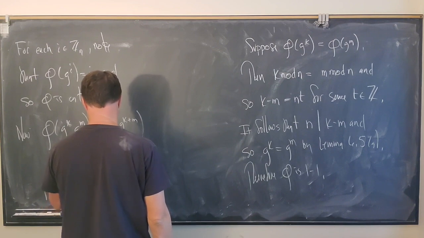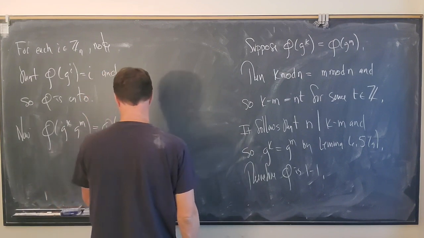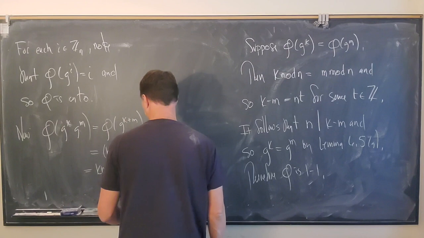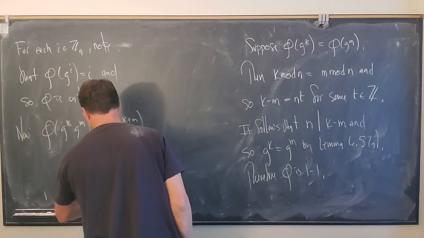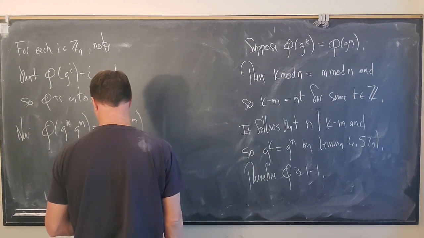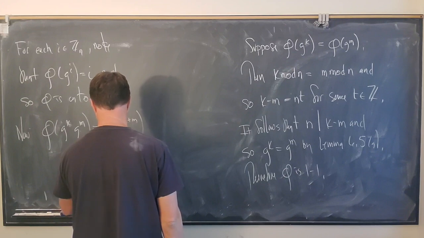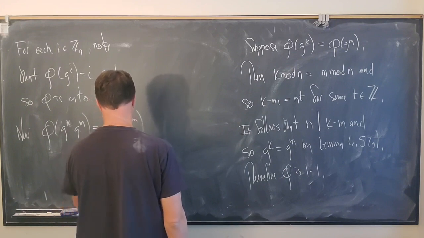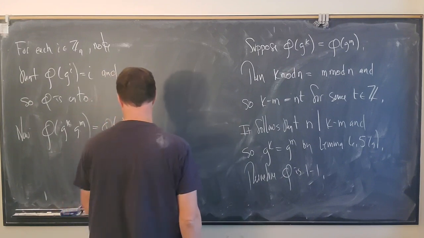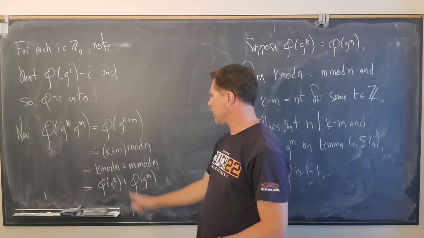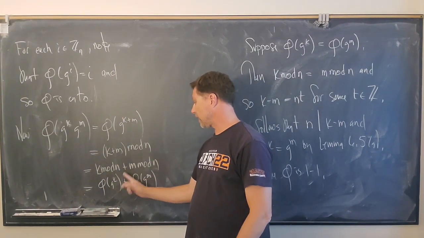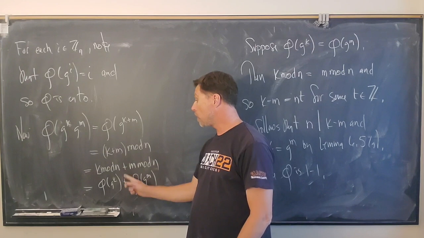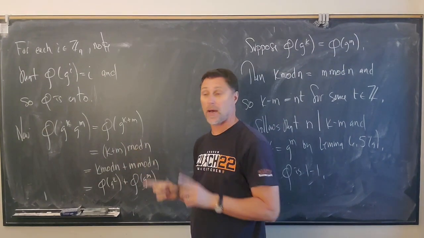So this is k mod n plus m mod n, and that's equal to phi of g to the k plus phi of g to the m. And one thing to notice is that when I write that plus symbol there, or that plus symbol there, both of those mean addition mod n.